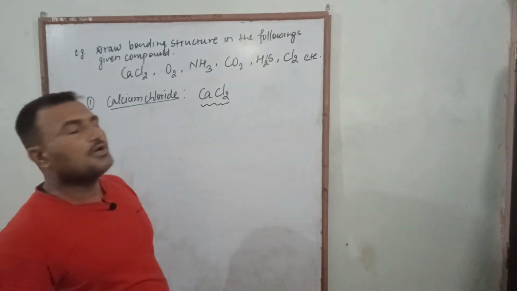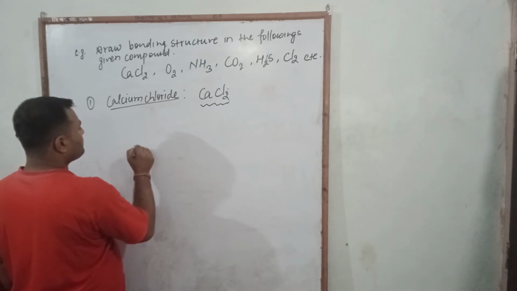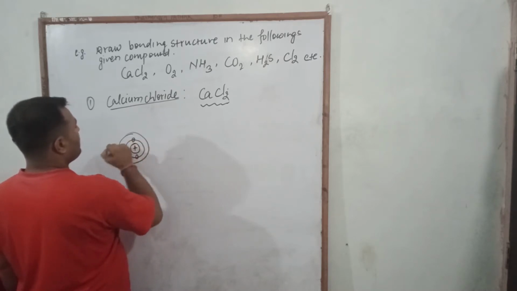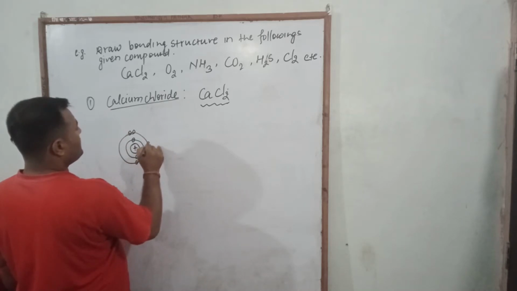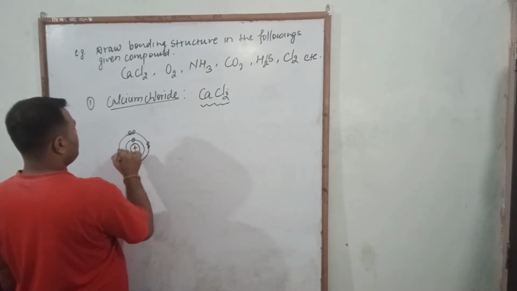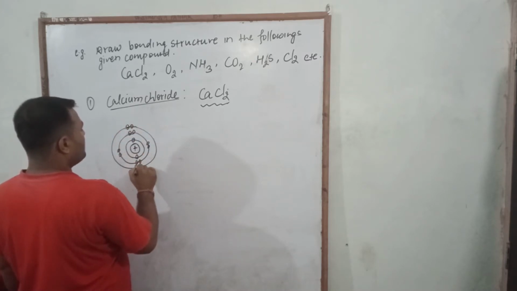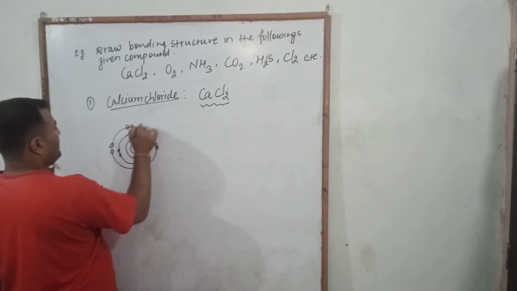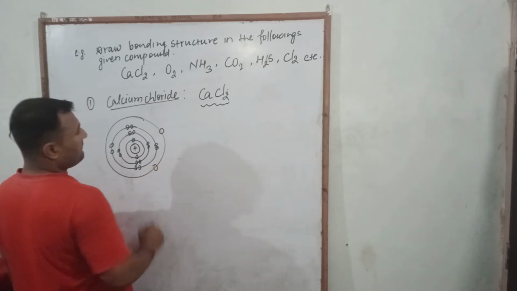Then we draw the structure. In calcium, in the first shell 2 electrons are found. In the second shell 8 electrons are found. In the third shell, according to the octet rule, 8 electrons are found. In the fourth shell 2 electrons are found.